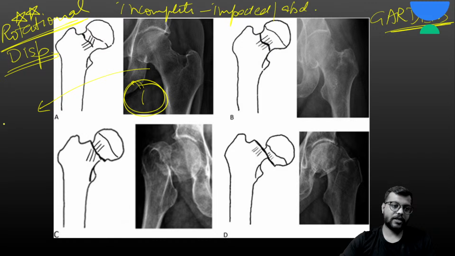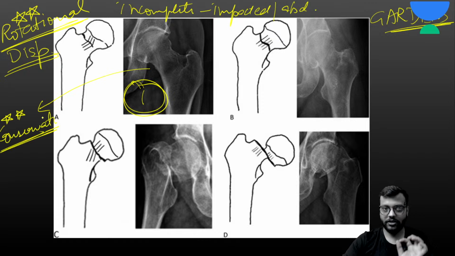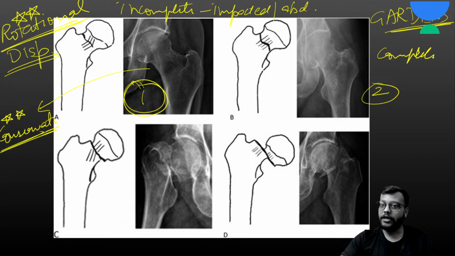The second one is the fracture that is complete but undisplaced.